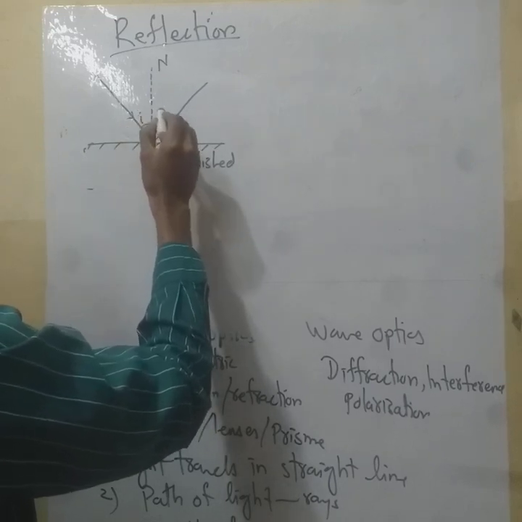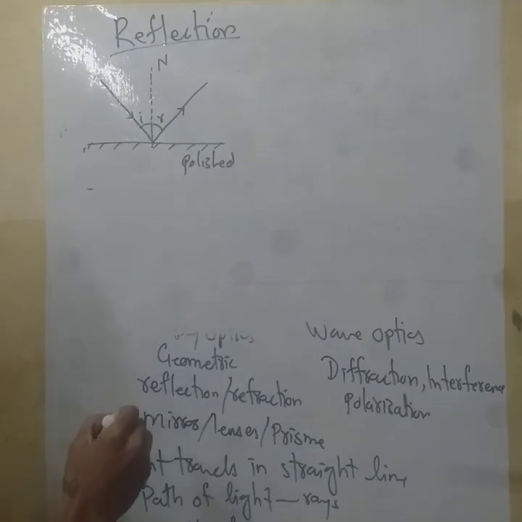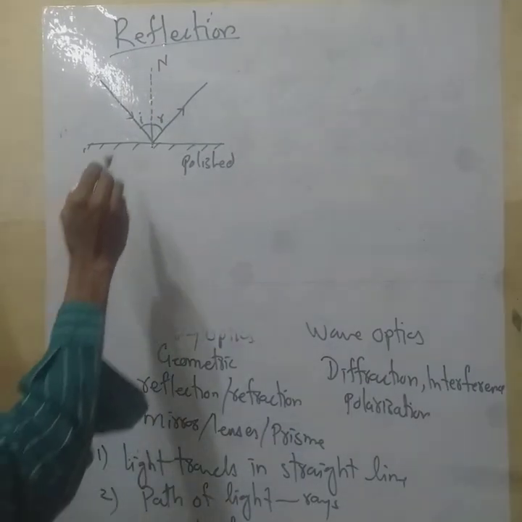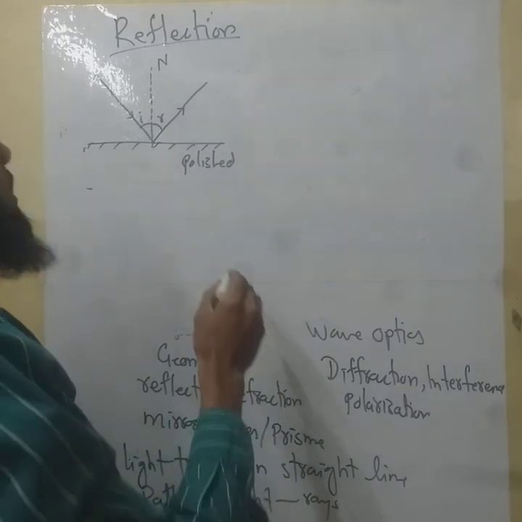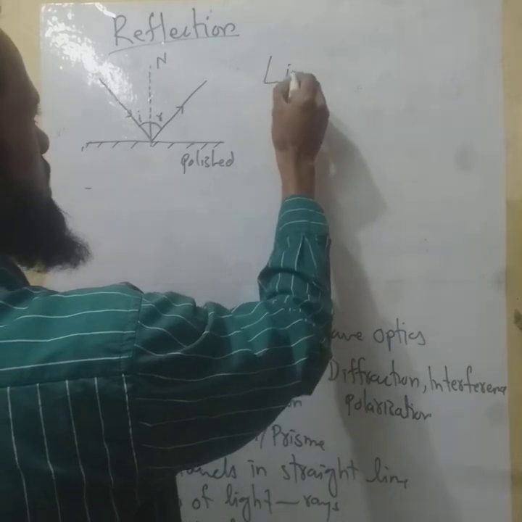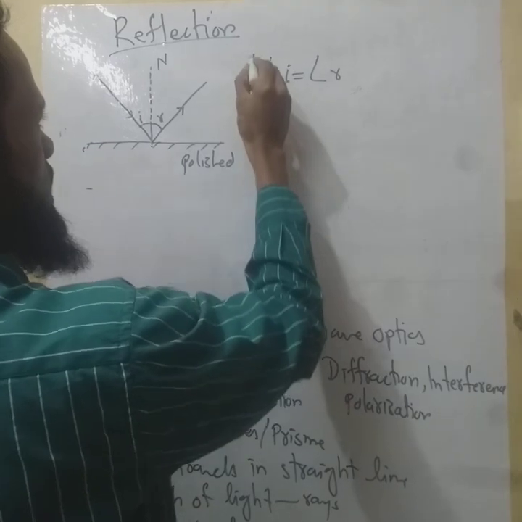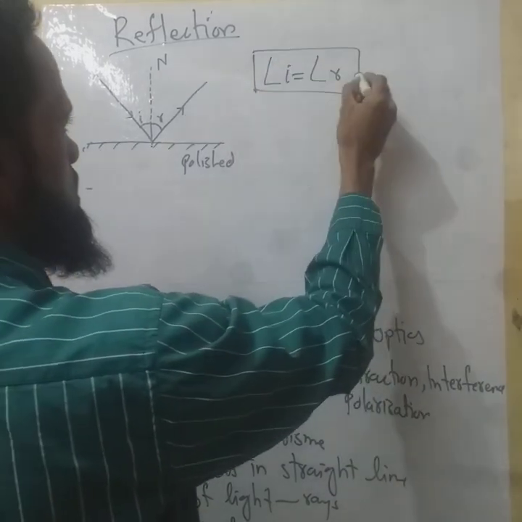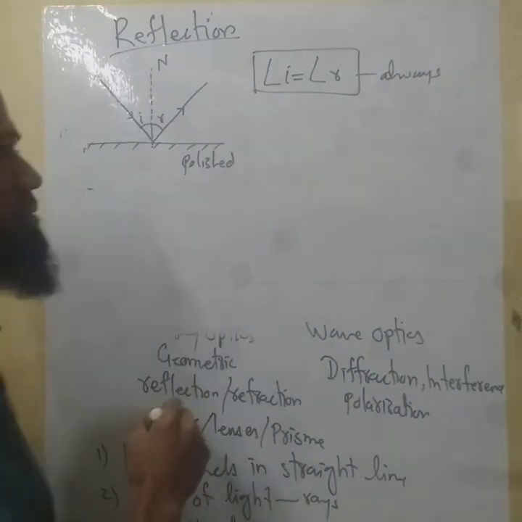So these two angles are always equal for a plane polished surface. We can write: angle of incidence is equal to angle of reflection. This is always true for all conditions, all surfaces.